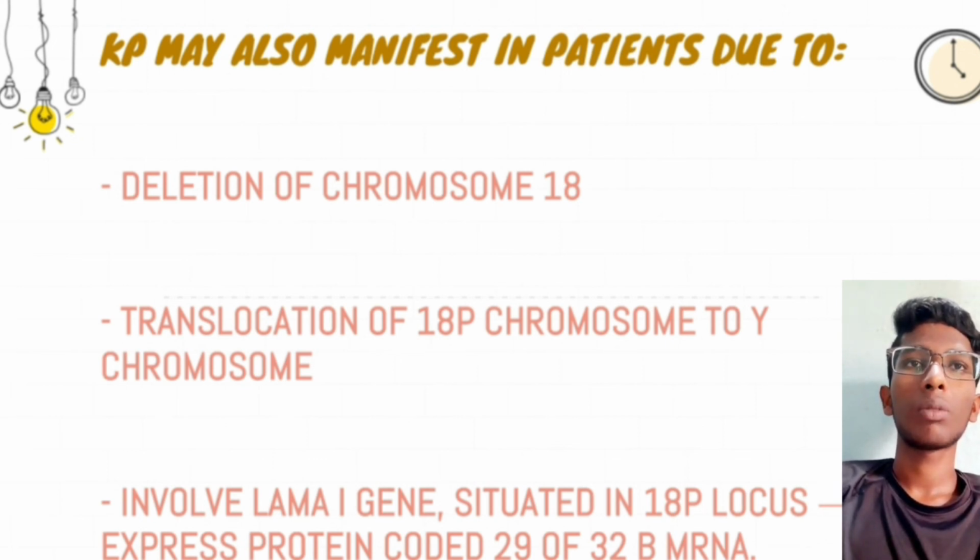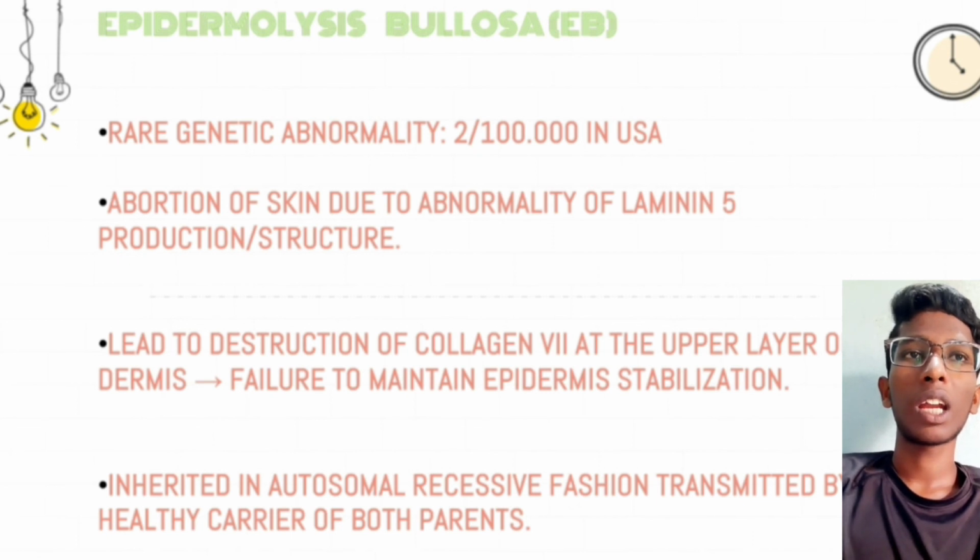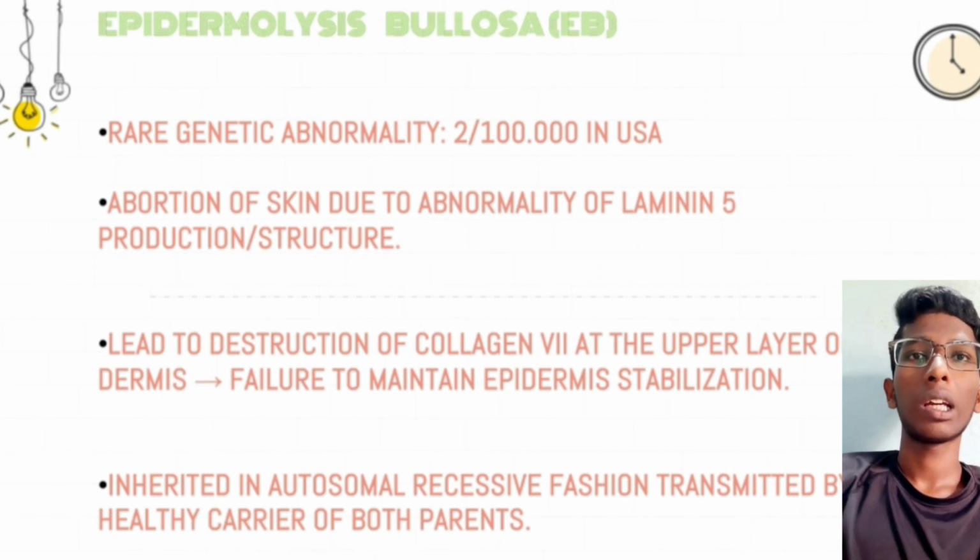KP may also manifest in patients due to deletion of chromosome 18, or translocation of 18p chromosome to the Y chromosome, involving the LAMA1 gene situated in the 18p locus, expressing protein coded by 29 of 32 exons of mRNA. Epidermolysis bullosa, EB, a rare genetic abnormality, 2 persons per 1 lakh people in USA.